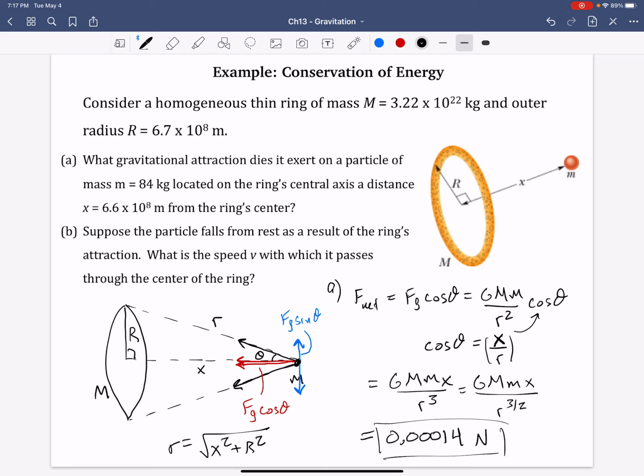But if we're in a vacuum, and even though we're separated by 660 million meters, there's still some non-zero force, which will cause some non-zero acceleration, which leads us into part B. So this object out here will start to creep towards the ring and accelerate towards it.